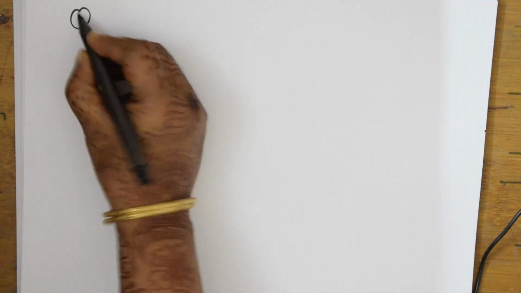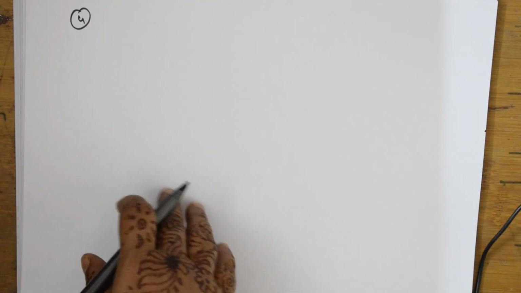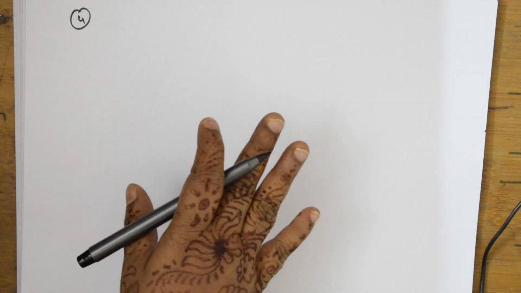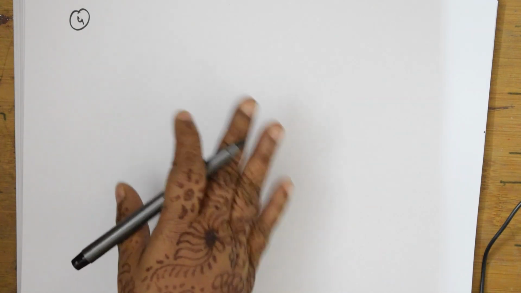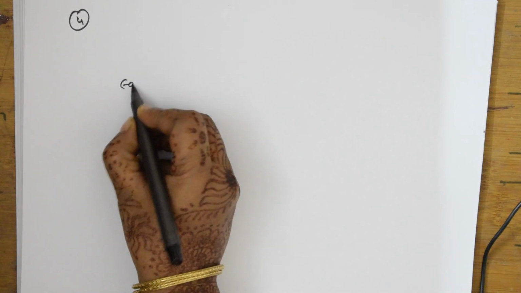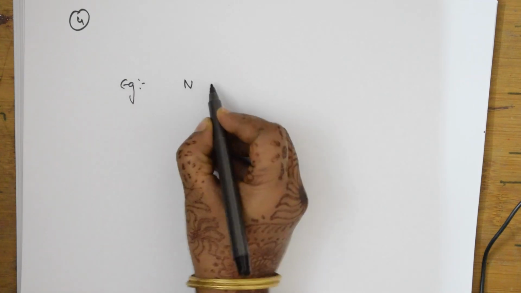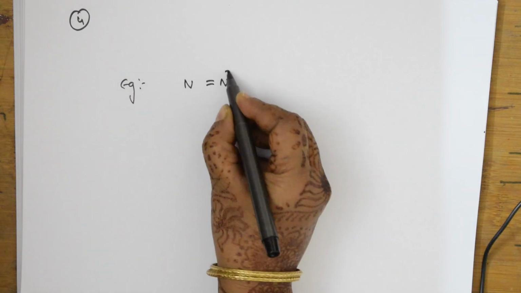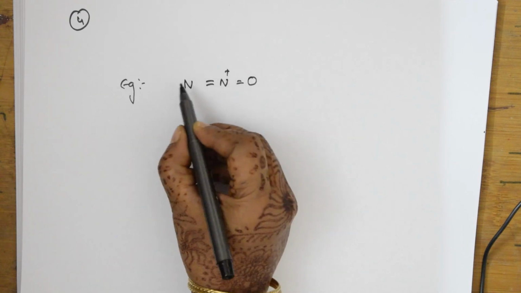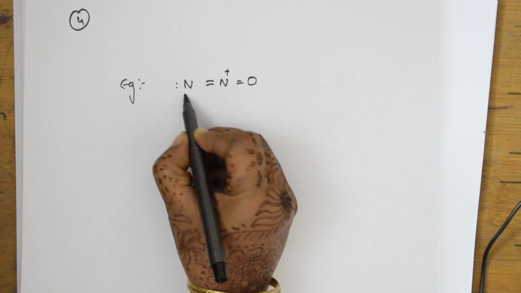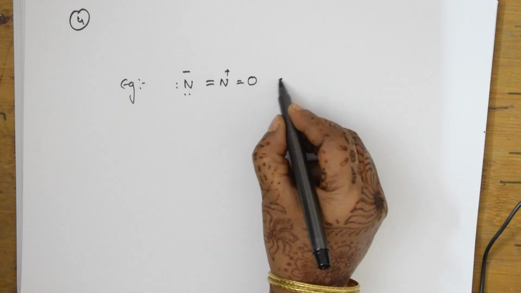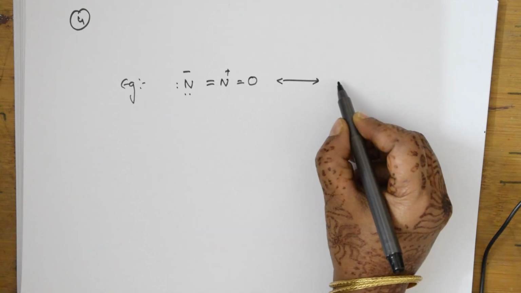Here, next criteria. If I take an example of this, let me take an example and then explain to you. N triple double bond N plus. Okay, 1, 2, 3, 4. Okay, this is showing a canonical structure of this.